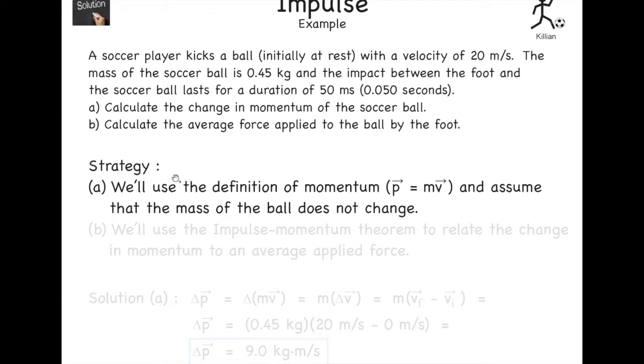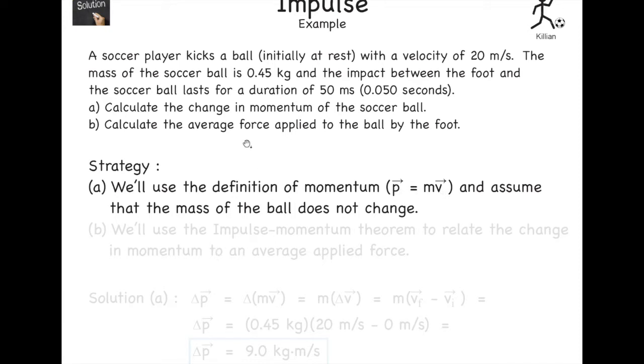So for A, where we're asked to calculate that change in momentum, clearly what we need is the definition of momentum, which is mass times velocity. We're going to assume that the mass of the ball doesn't change at all, so that a change in momentum is really just the mass times the change in velocity.